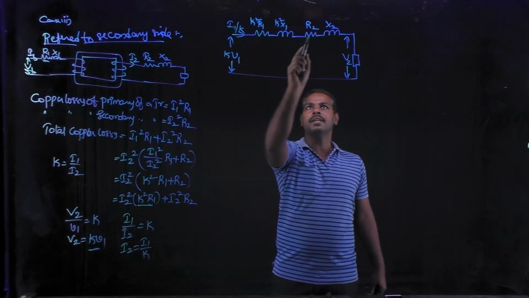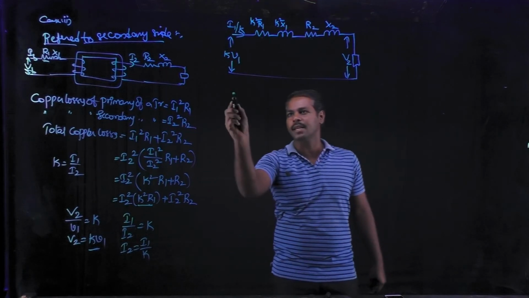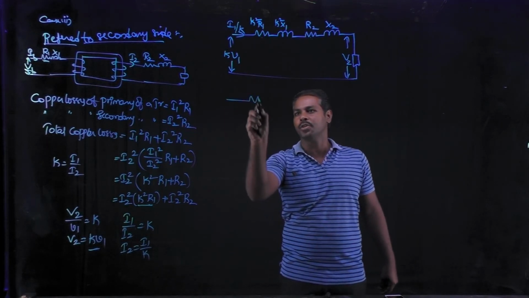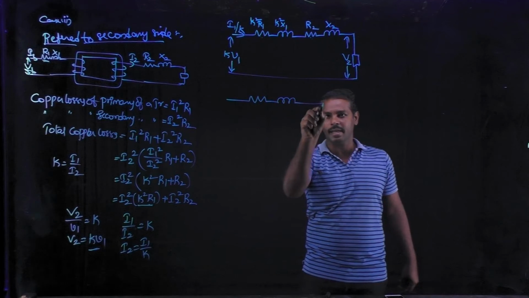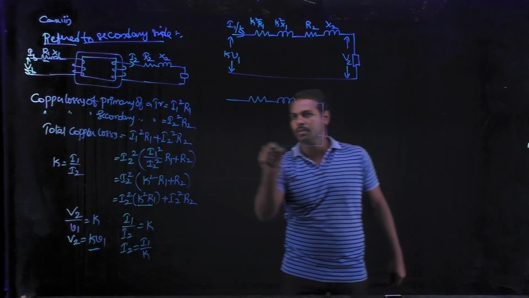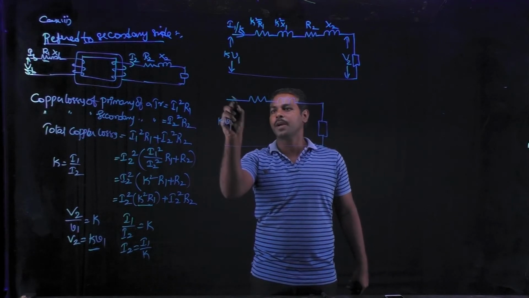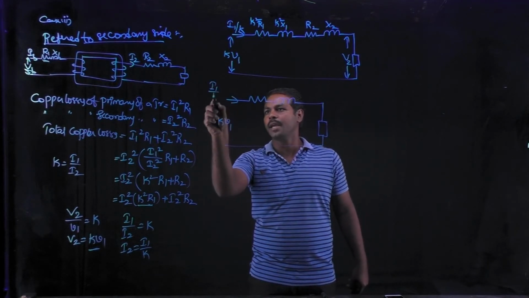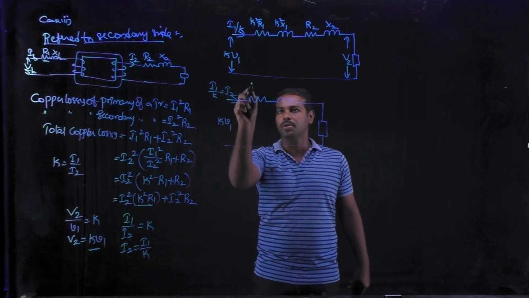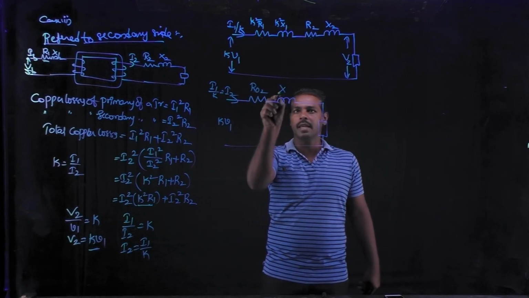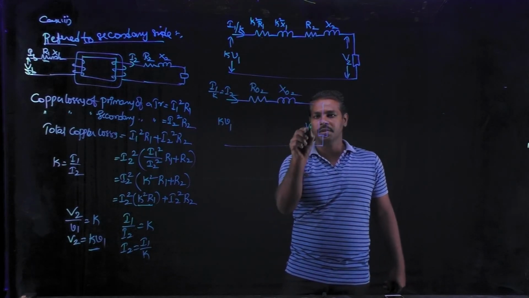So the summation of these two resistances is converted into resistance and reactance across the load. The supply is KV1, the corresponding current is I1 by K, which is equal to I2, through R02 and X02, finally V2.